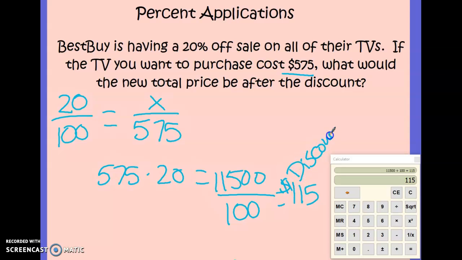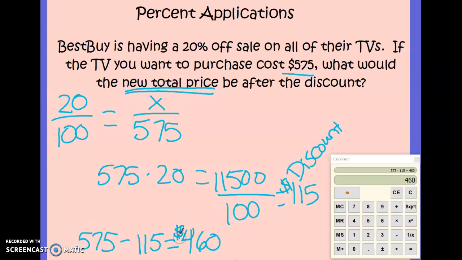Okay, we're not looking for how much our discount is. We want to know the new total price. So we have to take $575 and subtract our discount of $115. And we get $460 is the new price after the discount.